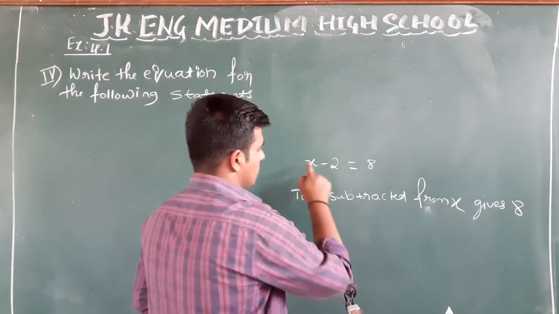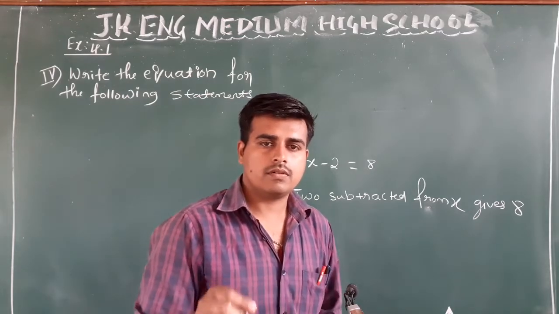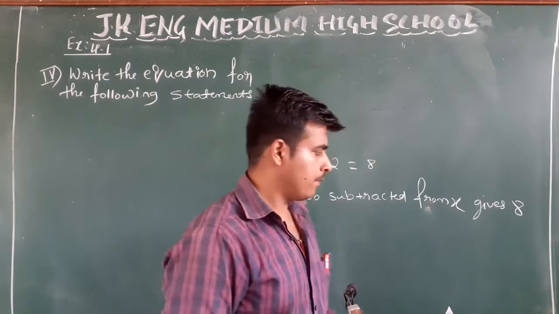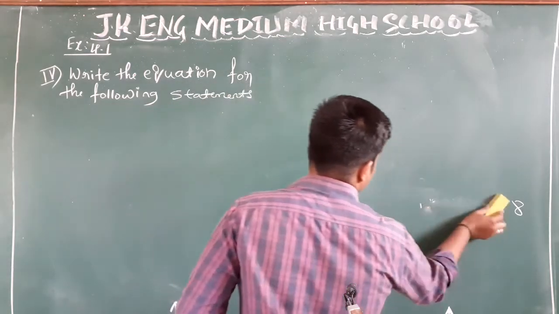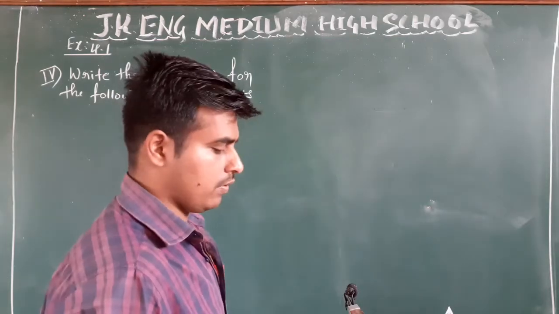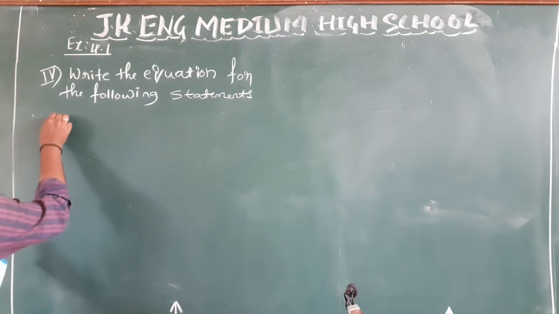From x means x will come first. Likewise, there are some tricks you can remember. We will discuss the questions one by one. Just to write the mathematical form in a statement form. That's it.